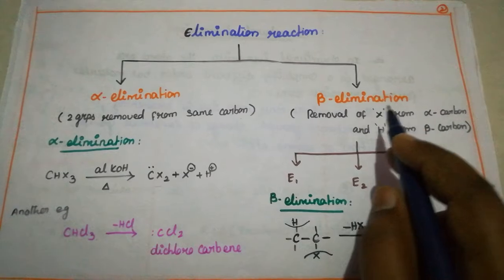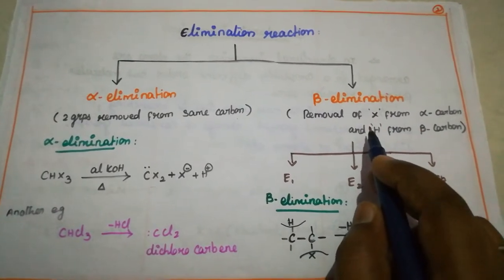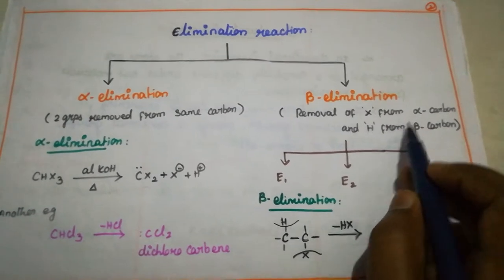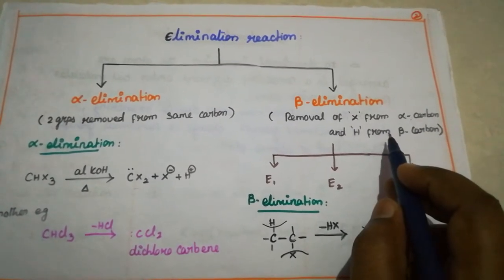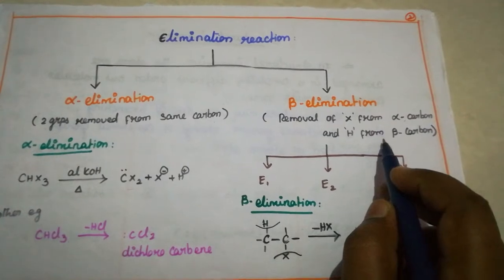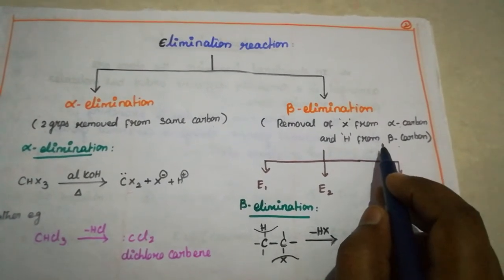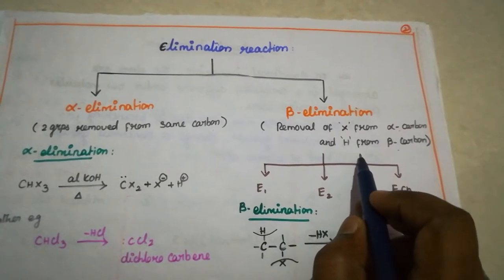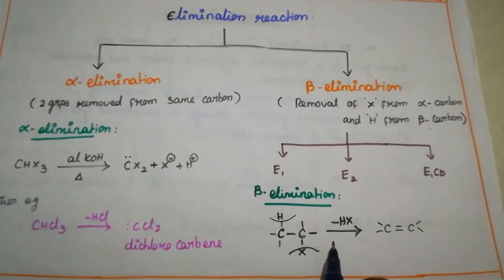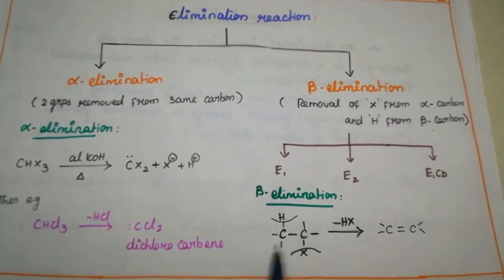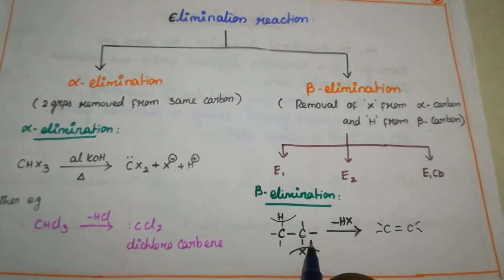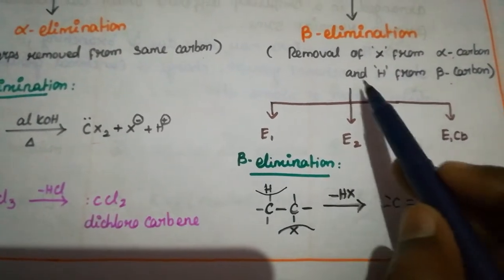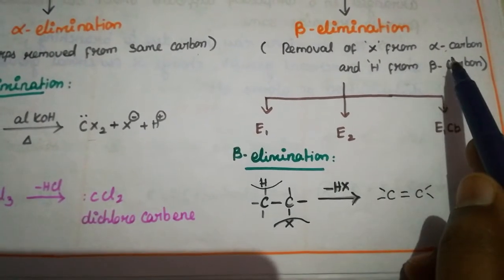In beta elimination reaction, we remove the functional group or leaving group from the alpha carbon, and the other group, generally hydrogen, from the beta carbon. So those reactions are known as beta elimination reactions. It will be explained with this general reaction. Here, removal of X from the alpha carbon.